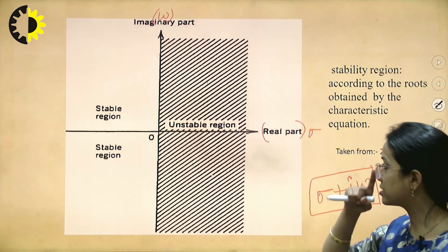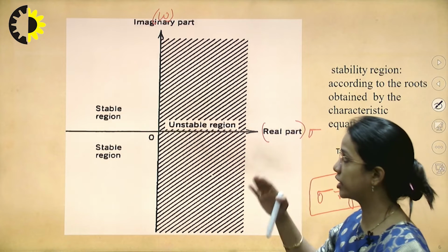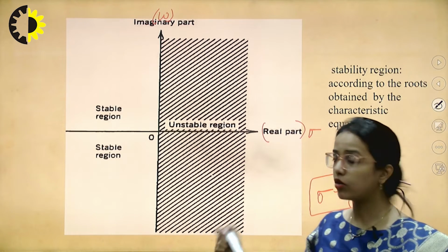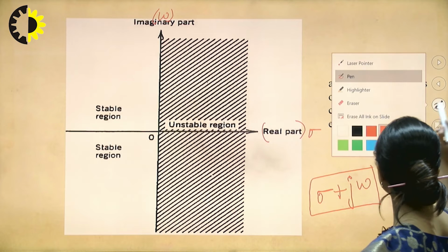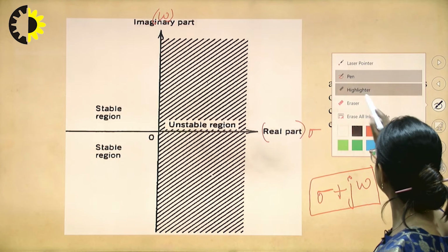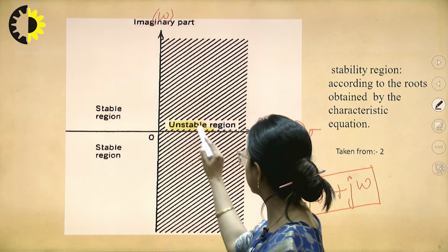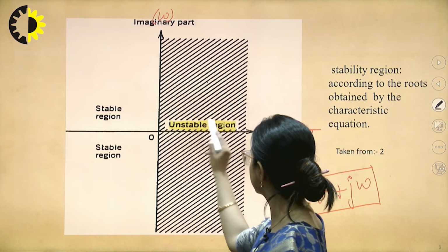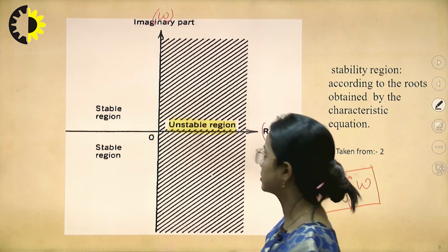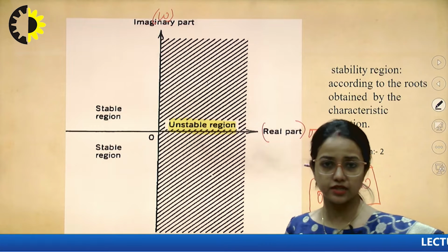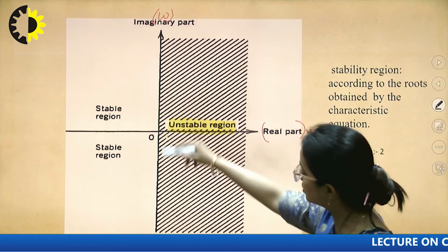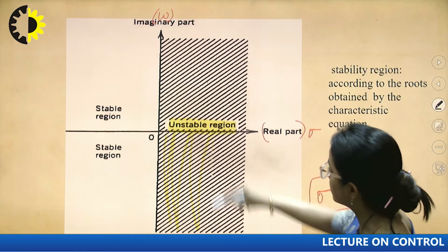Now, we can see that there is a gray and shady region, which is written as unstable region. This complete region is an unstable region.